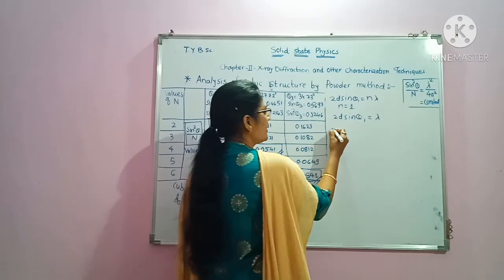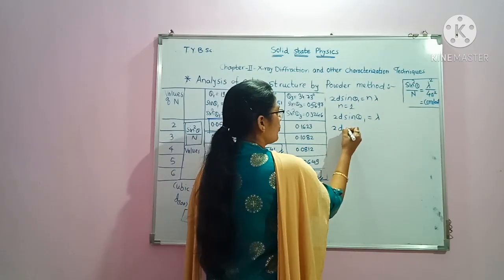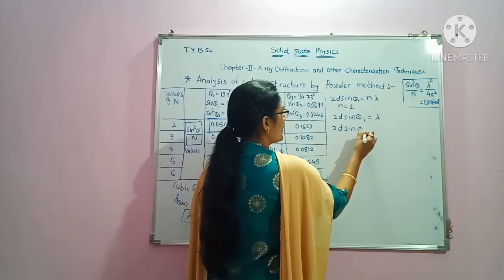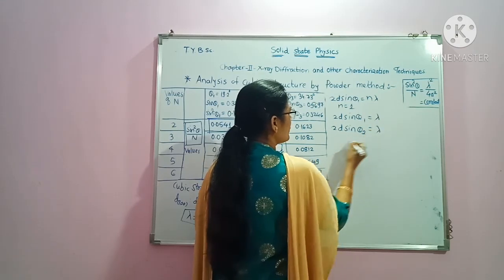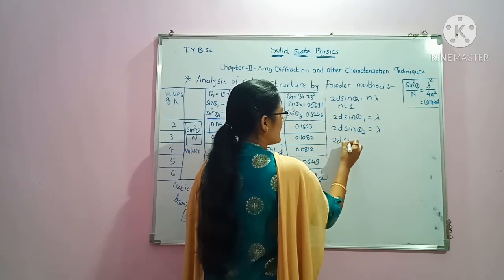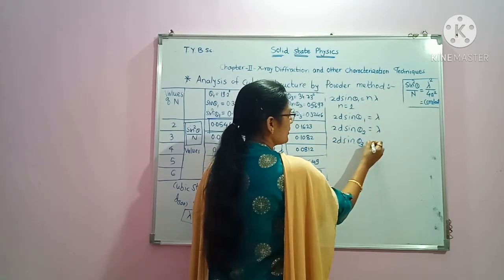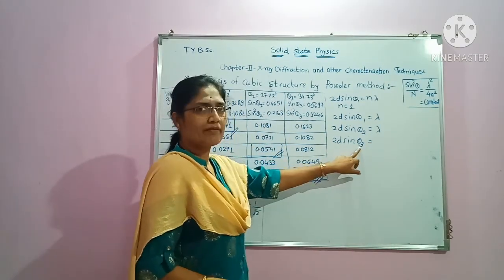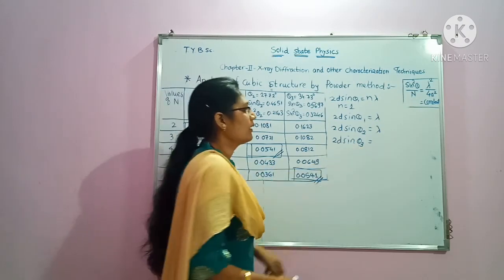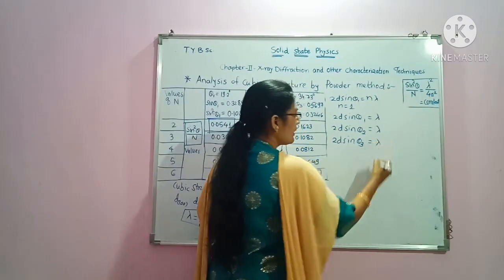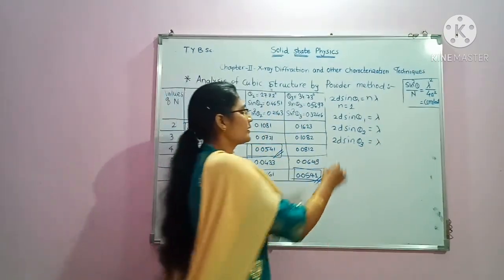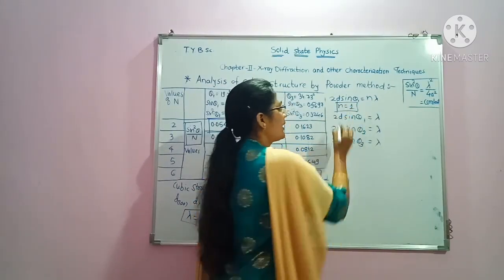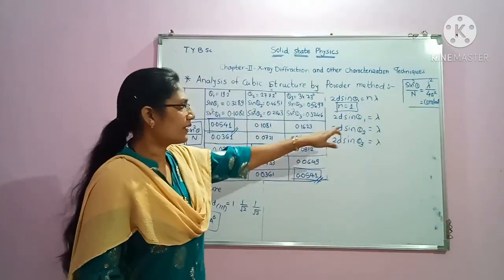Similarly, 2d sine theta 2 is equal to lambda, and 2d sine theta 3, that is for the third order maxima, is equal to lambda. For first order, we have to substitute the value of n as 1.